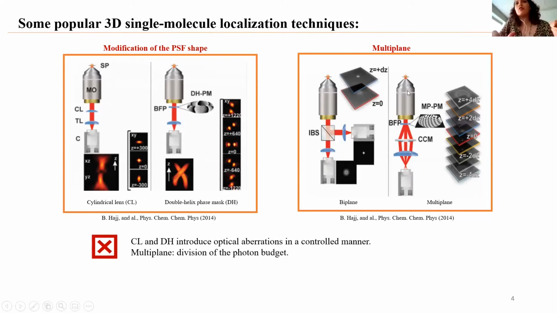And in the case of multiplane imaging, the problem is that we have division of the photon budget. Whenever we image inside a tissue, we have a low number of photons from our signal. So if we divide it, we're gonna lose resolution. Therefore, these two techniques have their limitations when applying to biological imaging.